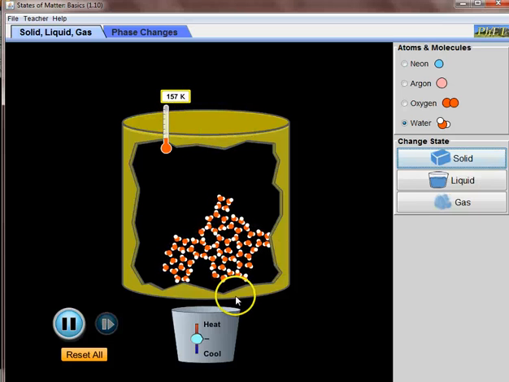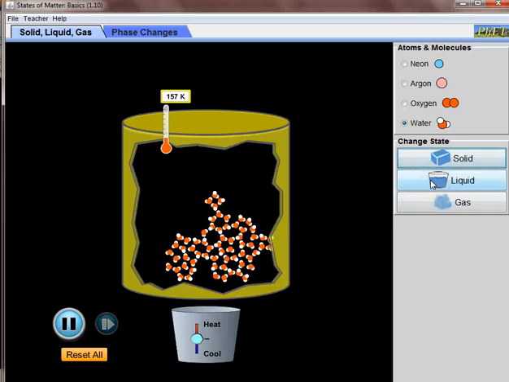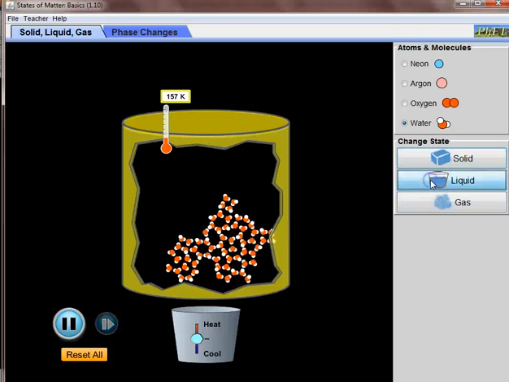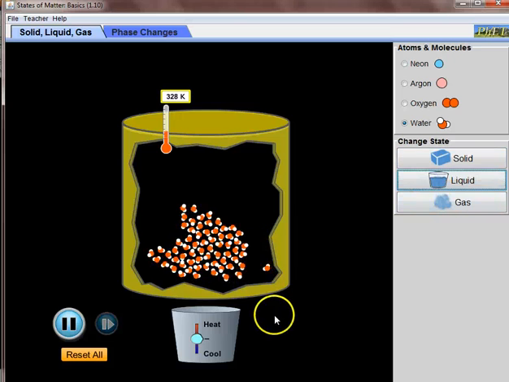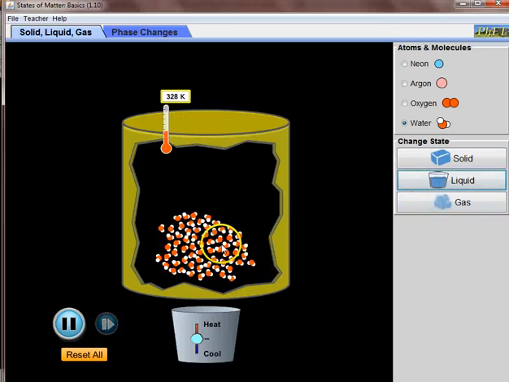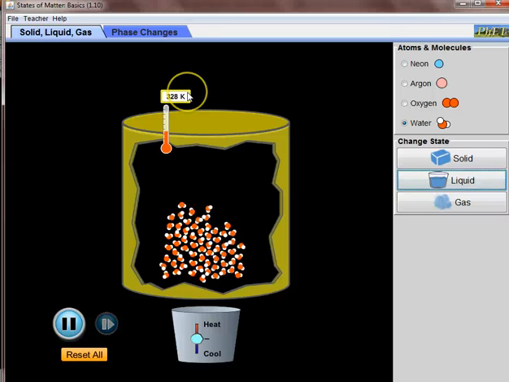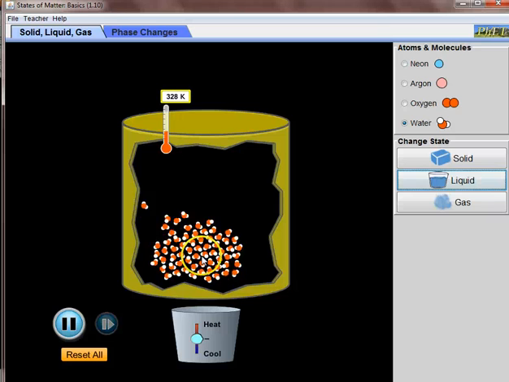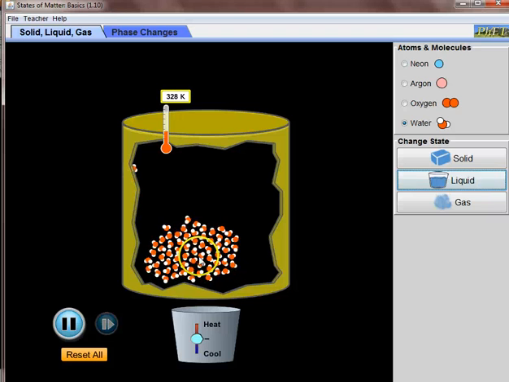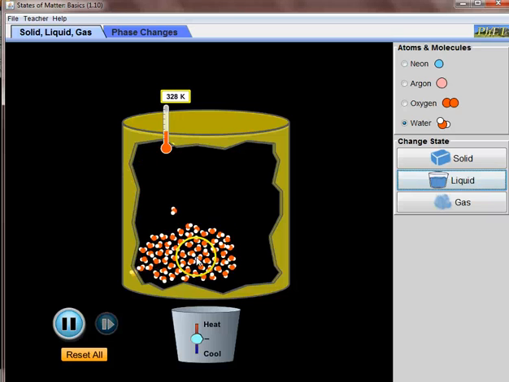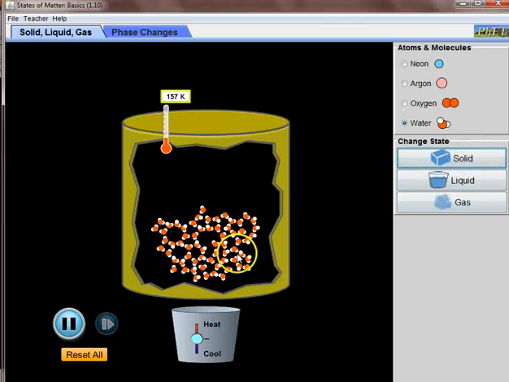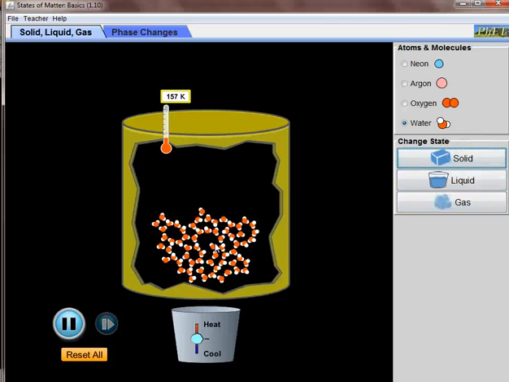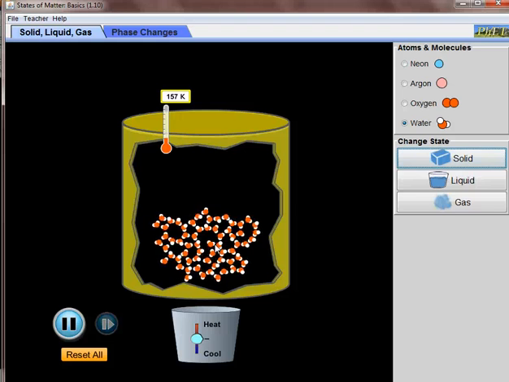Observe 2 things. When you convert the ice into liquid, and this is our water, what do you see? The temperature clearly increased. The particles are now vibrating even faster. They have 2 types of motion now. In solid they only had vibrational energies.